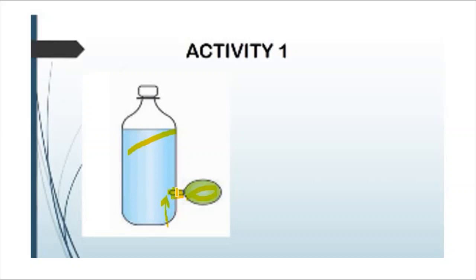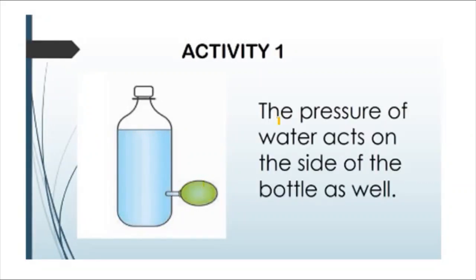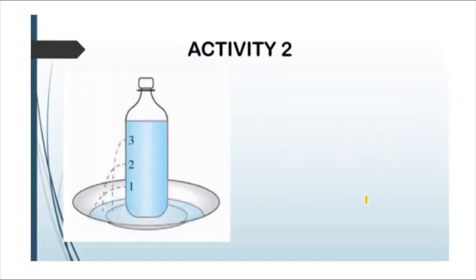To avoid water leakage, apply molten wax on the side of the glass tube. Now fill water slowly in the bottle and see how the balloon inflates. What is observed? The pressure of water acts on the side of the bottle as well.